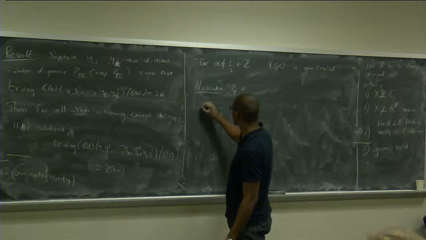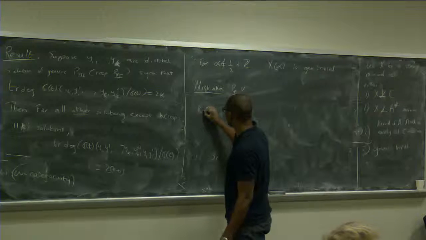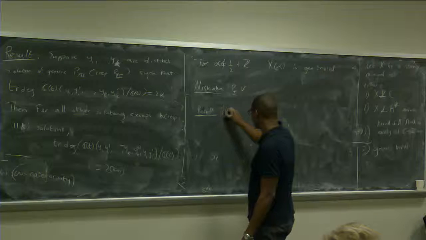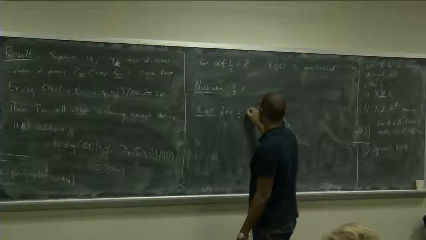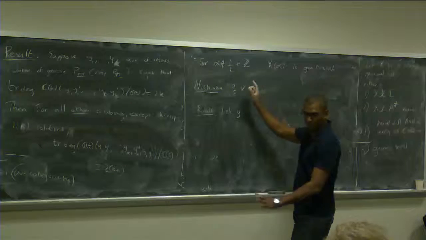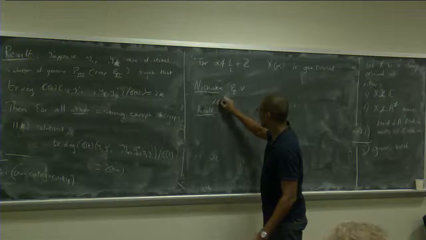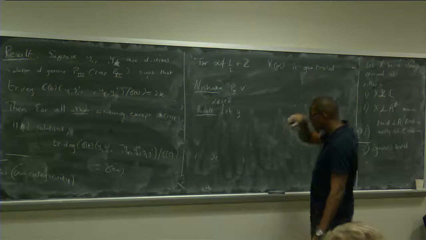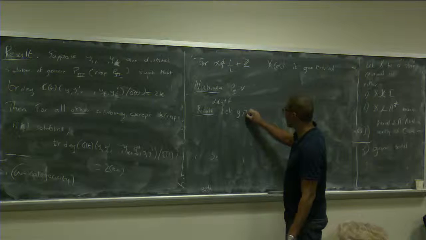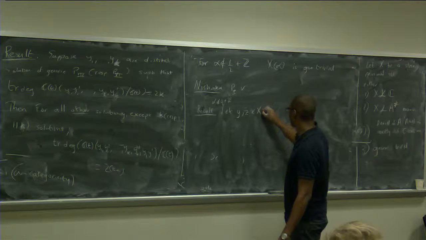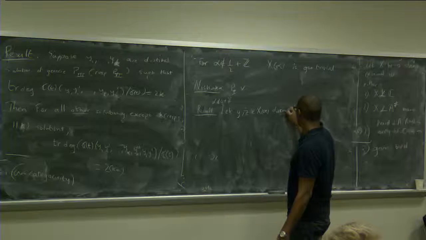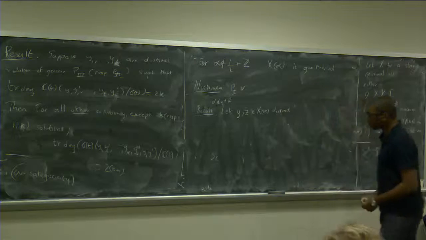Let's put it like that. So we take alpha not in 1/2 plus Z, right? So alpha not in 1/2 plus Z. So let y, z be in X alpha, distinct, right?